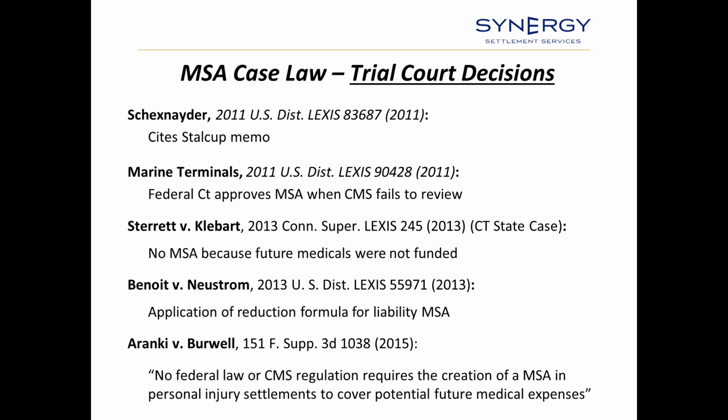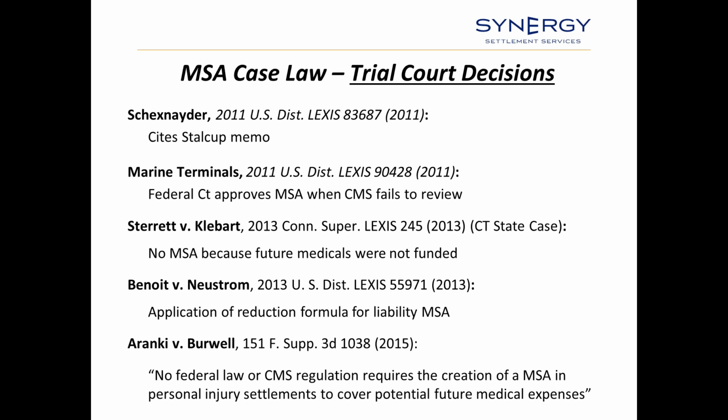So if you have a case that's worth $1 million, but it settles for $100,000 policy limits, the client is only receiving 10% of their total damages, and whatever that MSA amount is, it should be reduced down to that percentage.